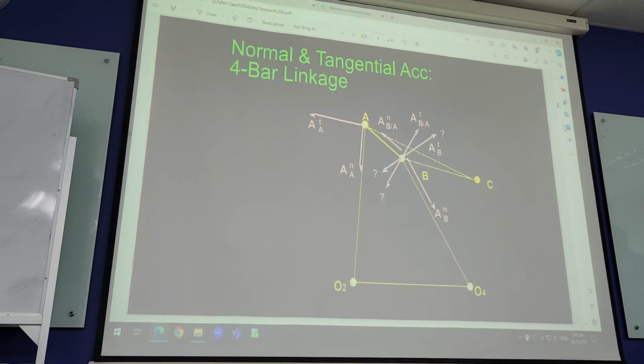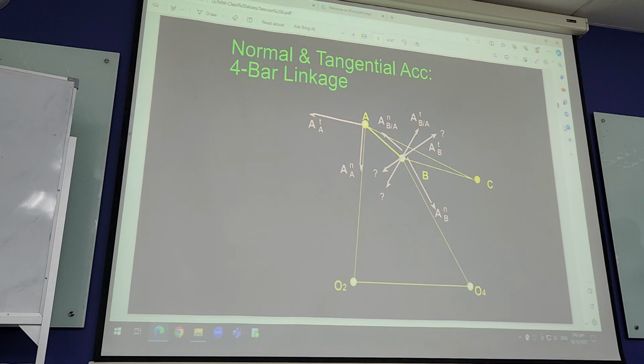But here, because the mechanism is rotating with angular velocity, it is rotating along a circular path. So any point which is moving in a circular path will have both normal and tangential components. We don't use x coordinate and y coordinate now because the paths of the points are circular.